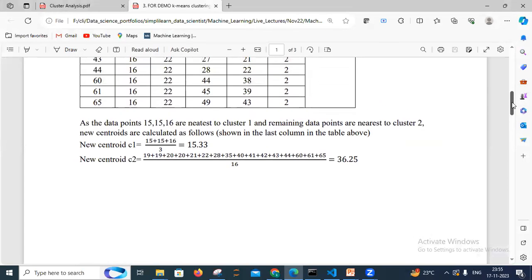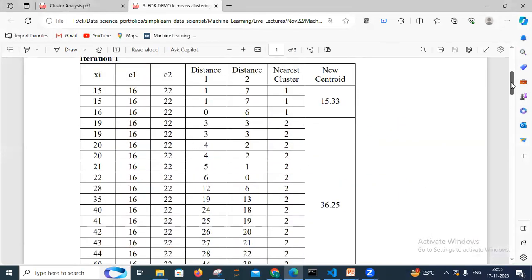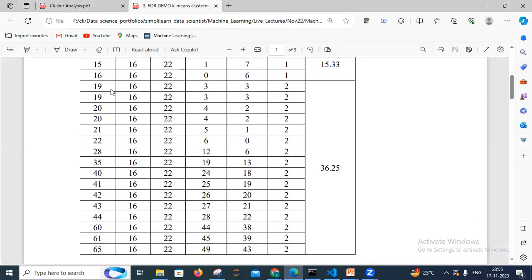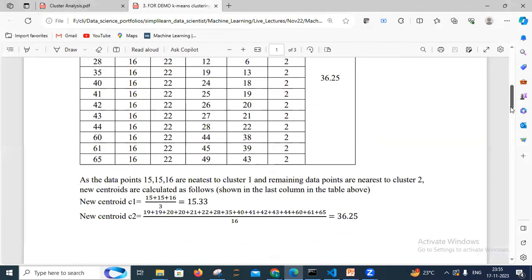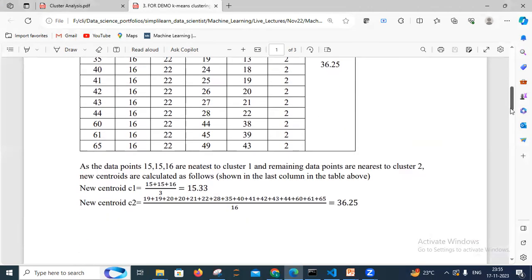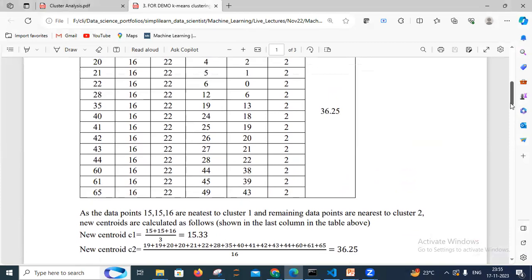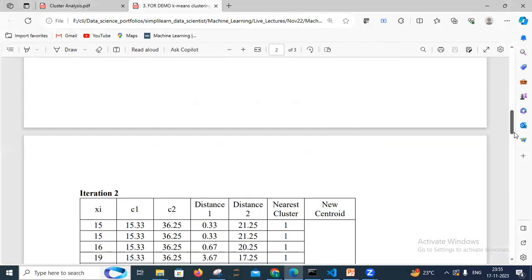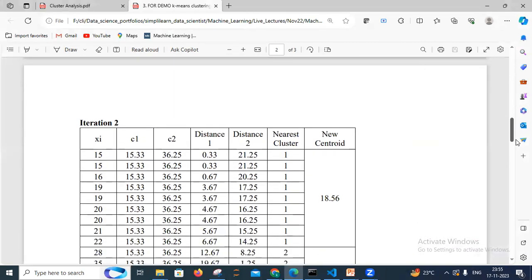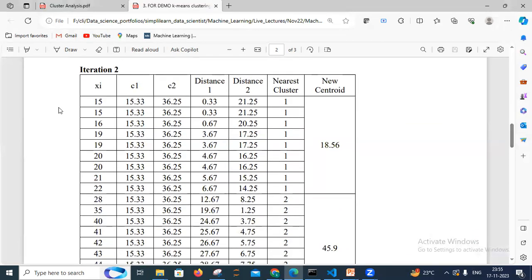Then we have the other data points, 19, 19, 20 up to 65. We first create the average, and that is 36.25. The data points will change over here.